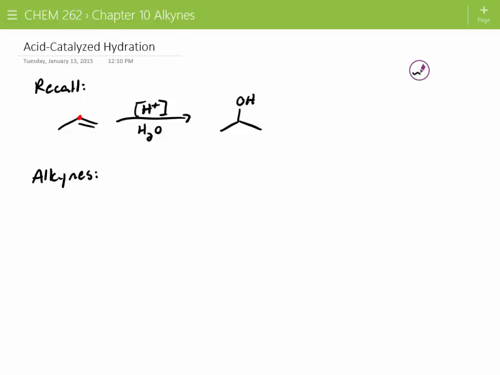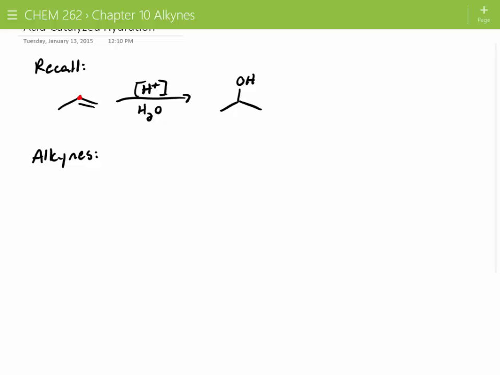With alkynes, it's a little bit different. So let's say we've got this alkyne, and we add a proton source like sulfuric acid along with water. Our gut intuition would say, well, it should still add to that more substituted side, that red carbon, right?